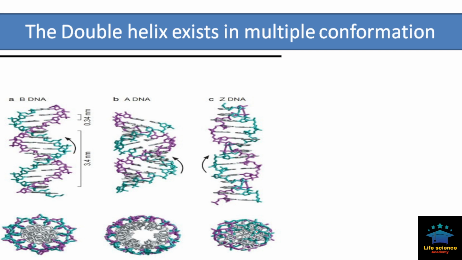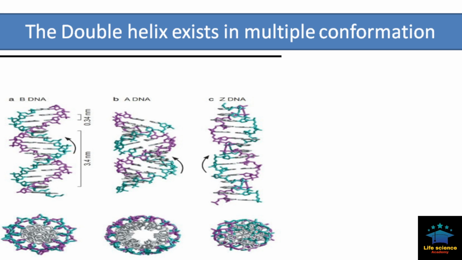If we compare the B form of DNA, both the B form and the A form possess a right-handed double helix, and the Z form of DNA is left-handed. Then rise per base along the axis. So this is the chart which you will require to solve the questions. Questions come from this part only.